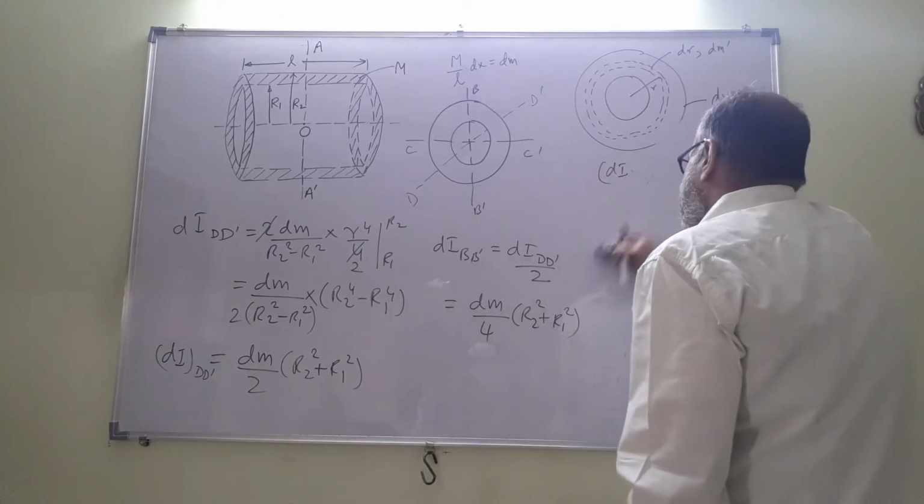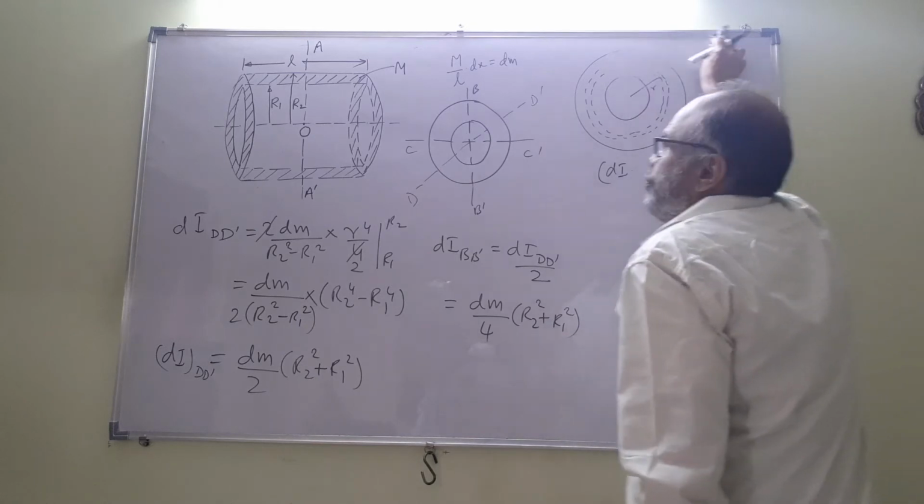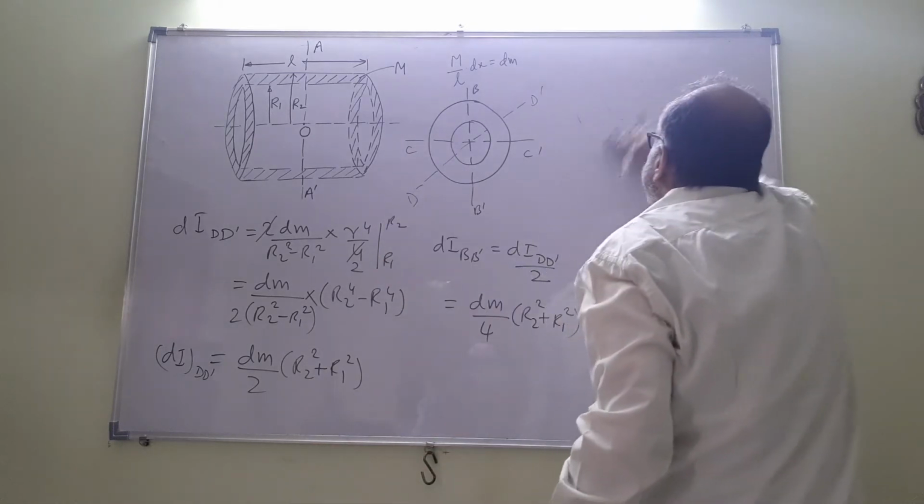Now let us see what is the moment of inertia about the axis AA dash.